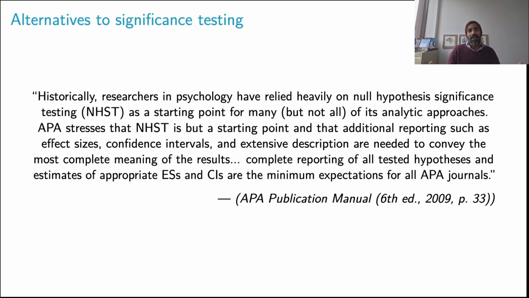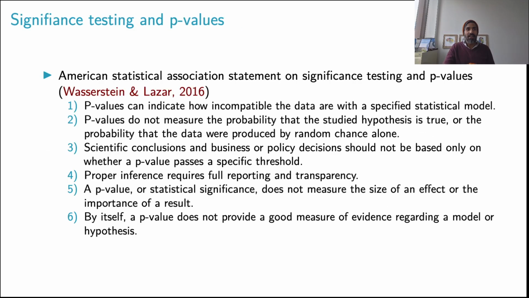APA stresses that null hypothesis significance testing is but a starting point, and that additional reporting such as effect size, confidence intervals, and extensive description are needed to convey the most complete meaning of the results. Complete reporting of all tested hypotheses and estimates of appropriate effect sizes and confidence intervals are the minimum expectations for all APA journals. So that came out in 2009.